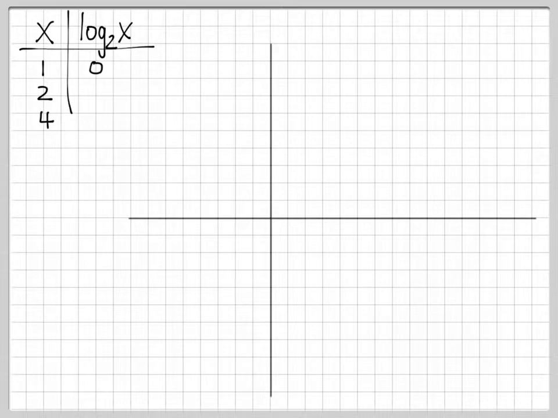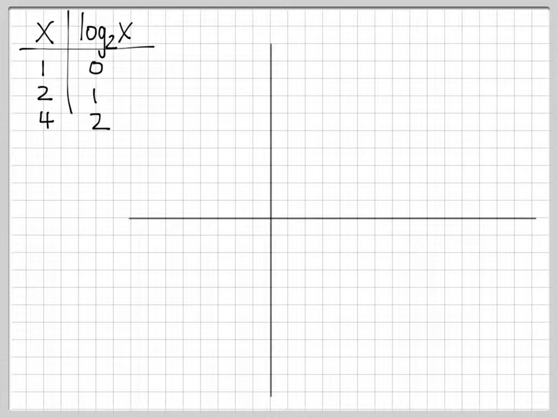So normally, when we graph log 2, we normally would pick maybe 1, 2, and 4, with y values 0, 1, and 2. Here are our normal coordinates.